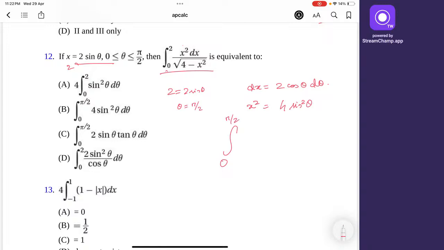0 to pi by 2, x square is 4 sine square theta. Square root of 4 minus x square is 4 root of 1 minus sine square theta, which is cos square theta, and d theta is dx by 2 cos theta.